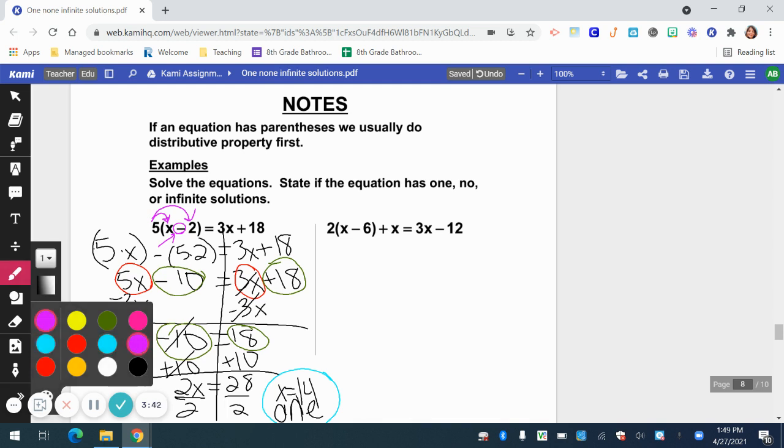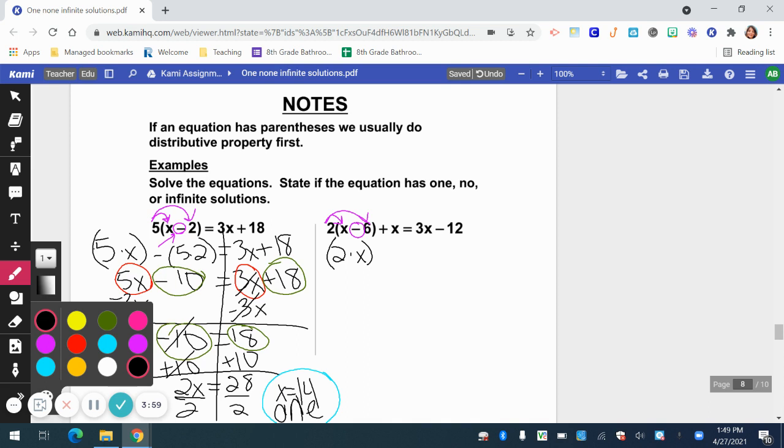All right, so your second problem, on the right, is going to be very similar. We're going to do 2 times x and 2 times 6. Remember, we will be subtracting them because there's a subtraction sign.